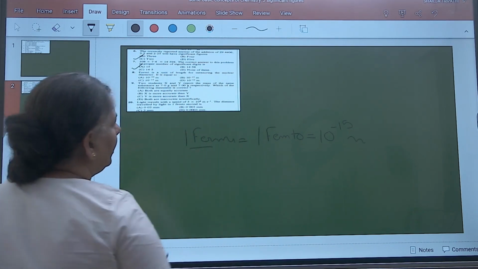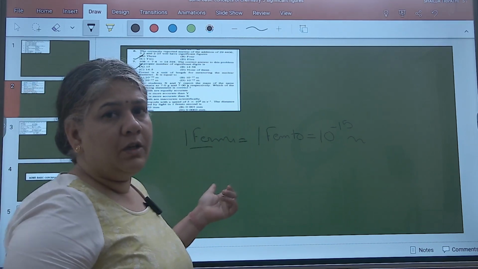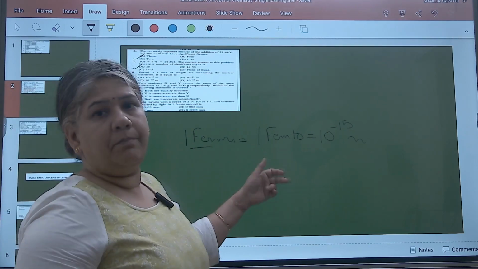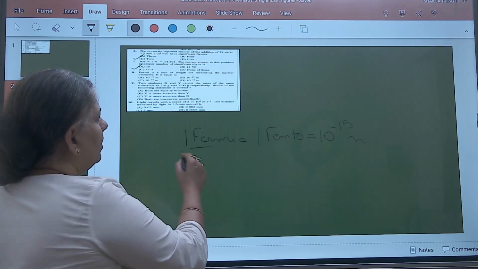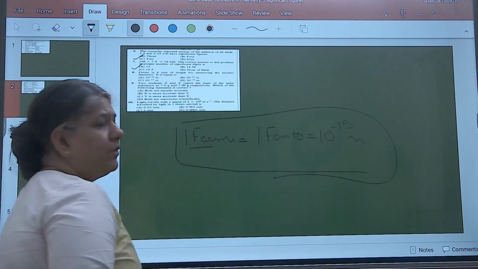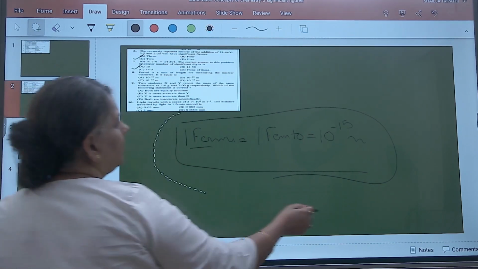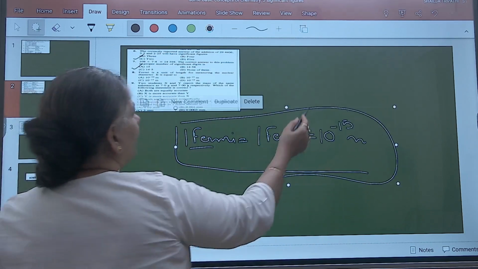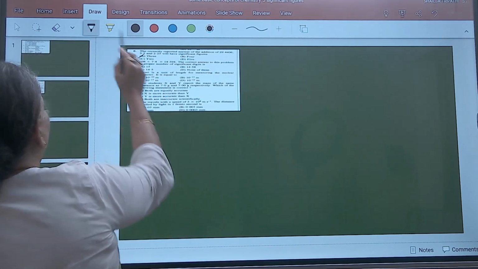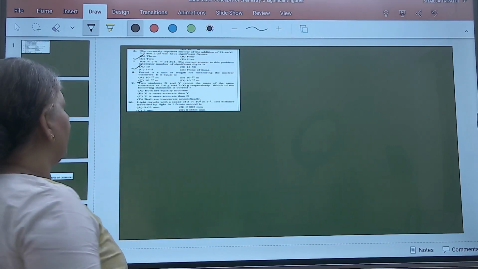This unit Fermi is based on the name of the scientist Enrico Fermi, and femto is a prefix, and both are equal to 10 raised to the power minus 15 meters. So option C is correct, that is 10 raised to the power minus 15.